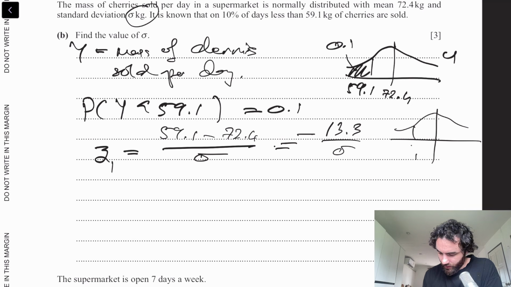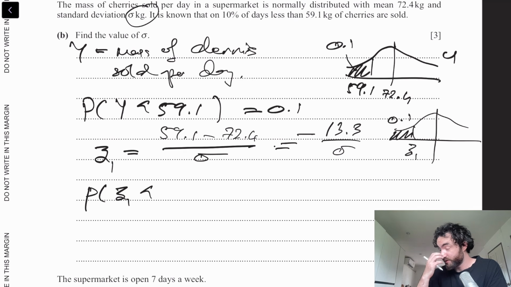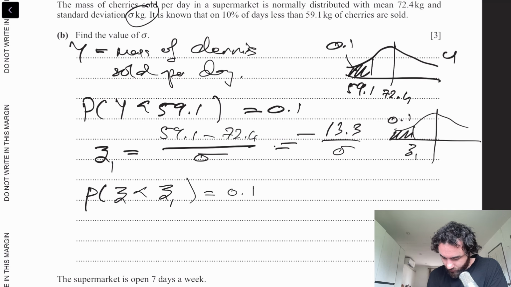Okay, so this area here is 0.1. So if we say that the probability, I'm doing all this because I'm trying to get an equation for the standard deviation, that Z is less than Z1 equals 0.1.